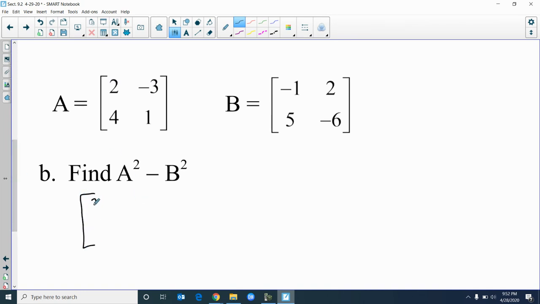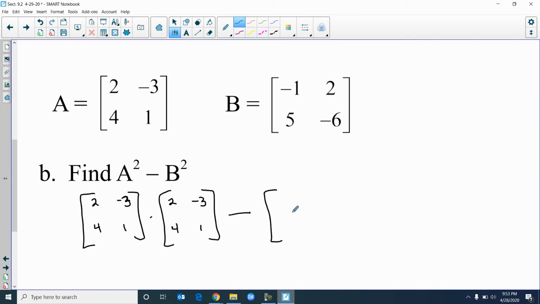Well, A squared, you have to take 2, -3, 4, 1 times 2, -3, 4, 1, minus B squared is -1, 2, 5, -6 times -1, 2, 5, -6.